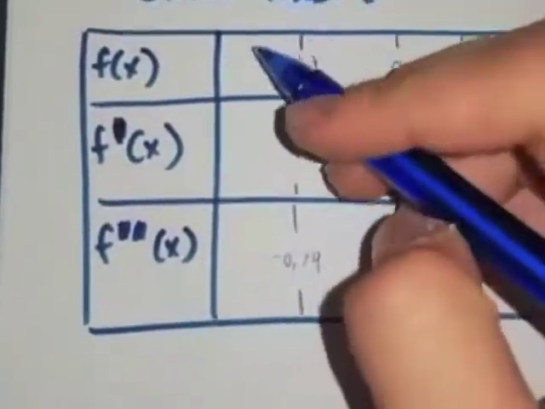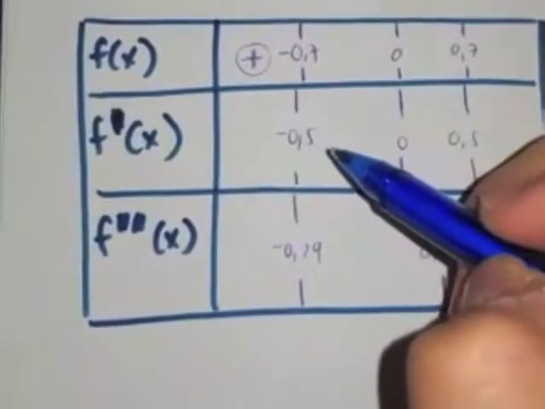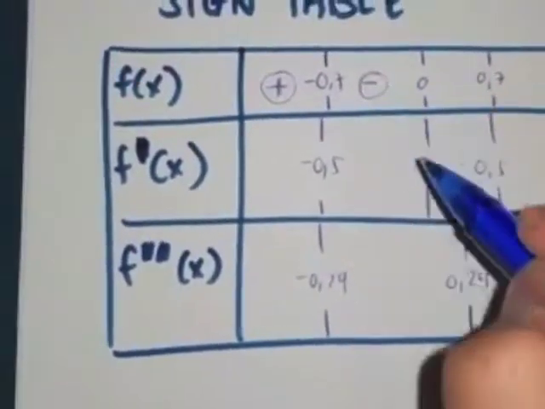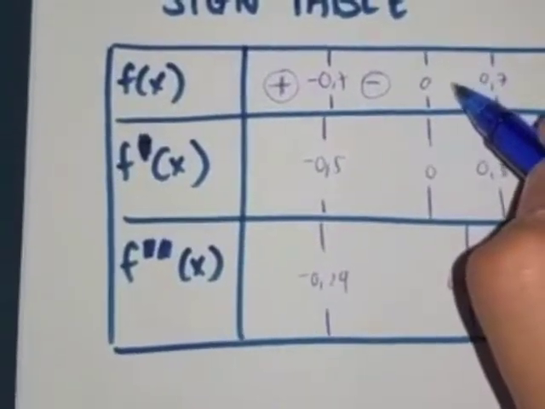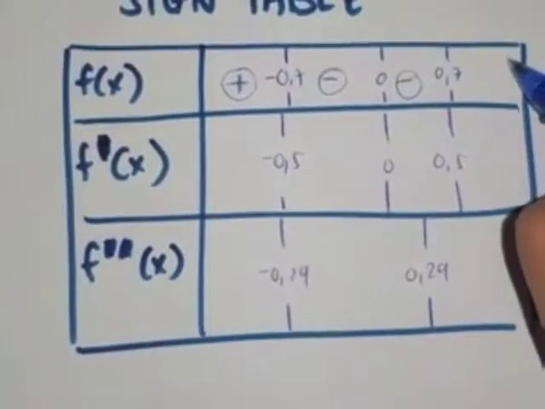If you plug in a value less than negative 0.7, you will get a positive number. Between negative 0.7 and 0, a negative number. Between 0 and 0.7, another negative number, and then a positive number.